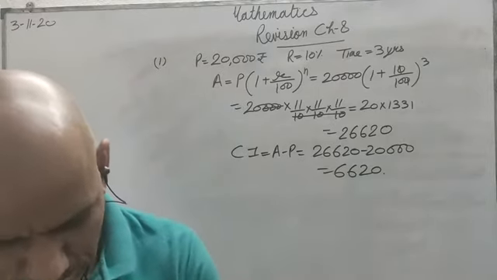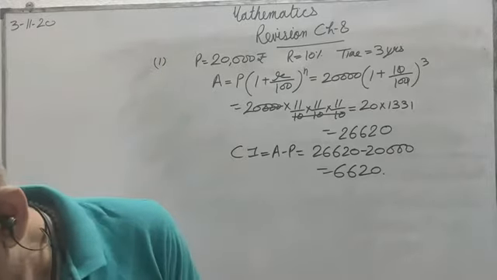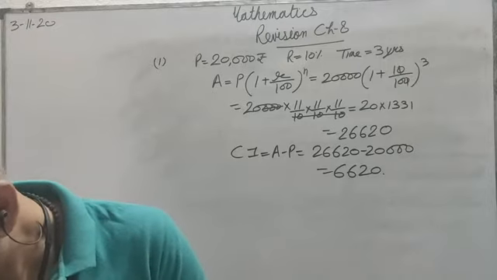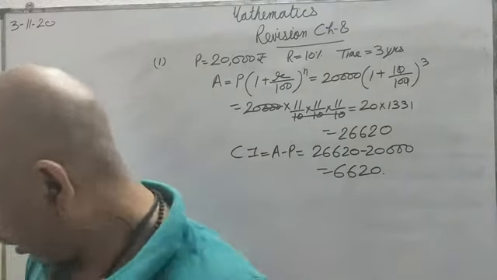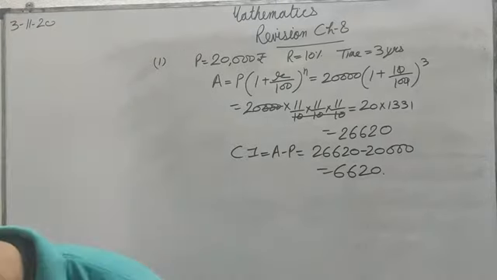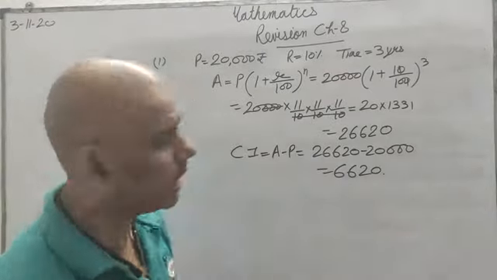Once again, it was based on compound interest. Find the compound interest compounded half yearly on rupees 10,000 at the rate of 20% for 18 months.